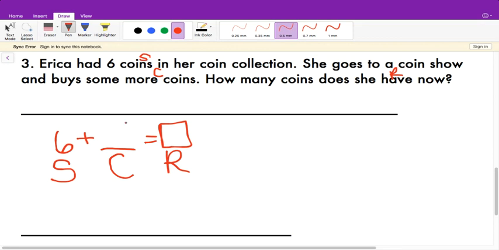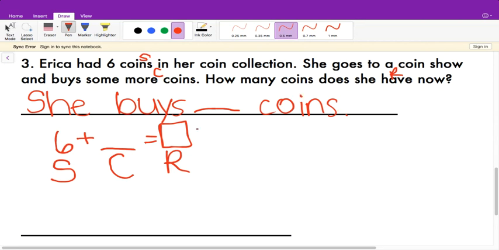So since this change is missing, we need to add some information for the change. So we just need to add a sentence about how many coins she bought. Okay, so it can be any number you want it to be. We just need to write a sentence. She buys however many coins you want.